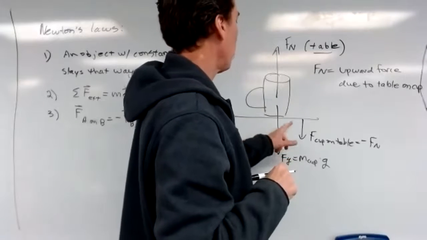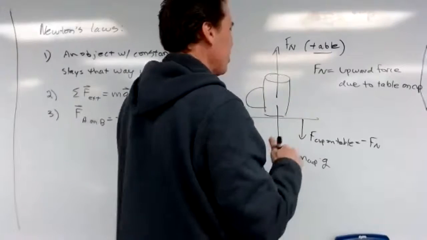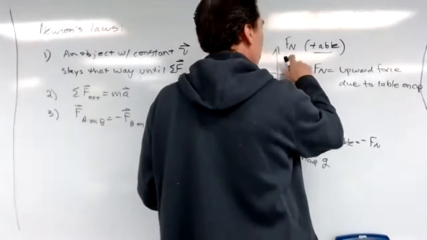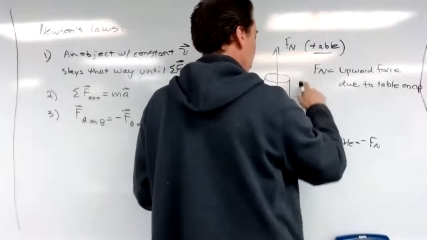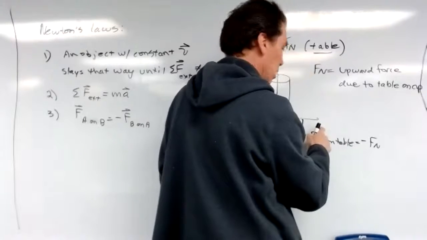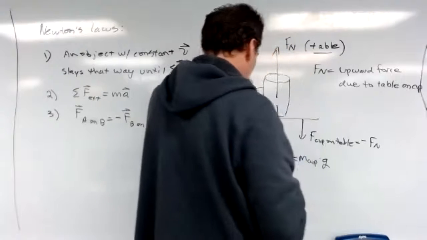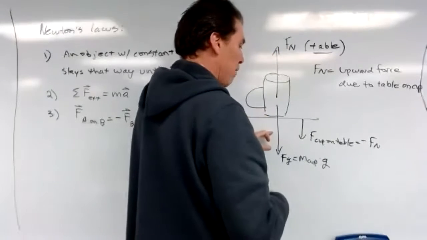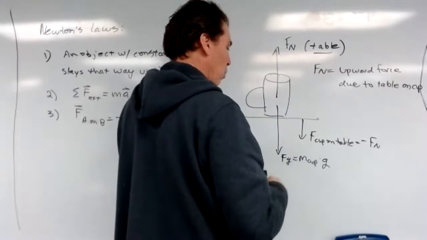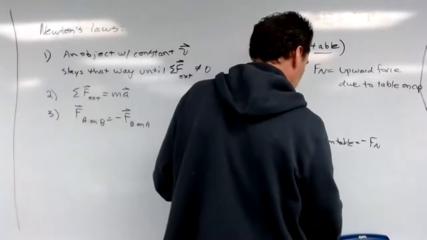So for example, this is the normal force, the force that's acting on the cup. The equal and opposite force is the force that's acting on the table. You identified another force, the force of gravity on the cup. So what is the equal and opposite force for this one?